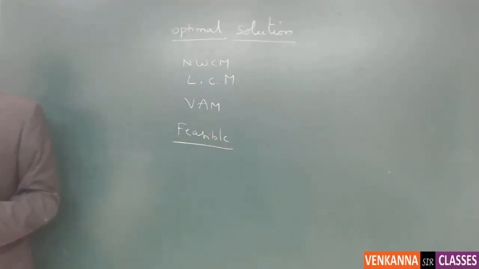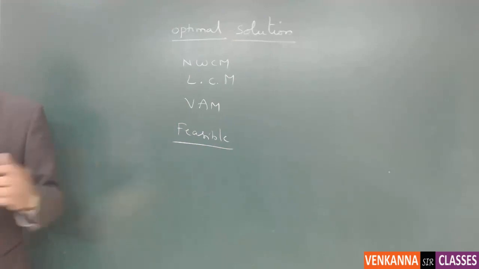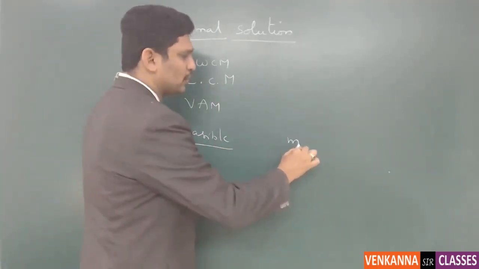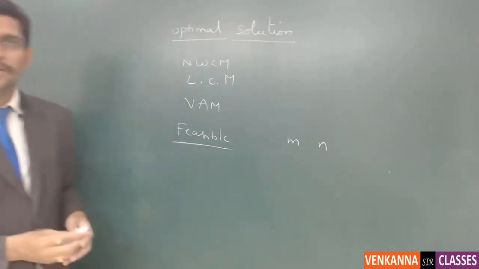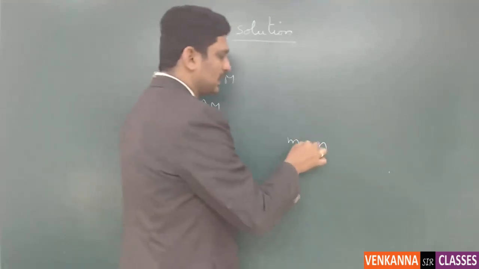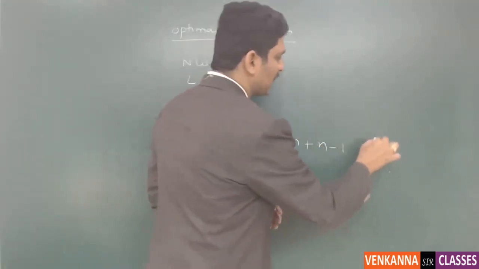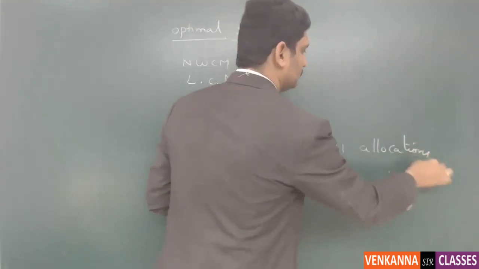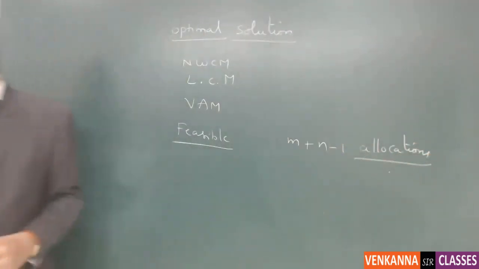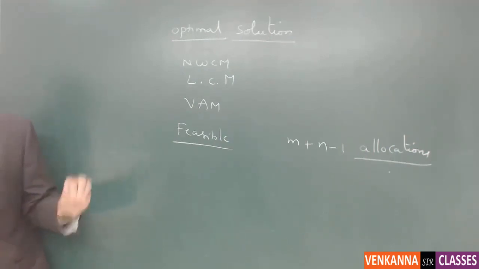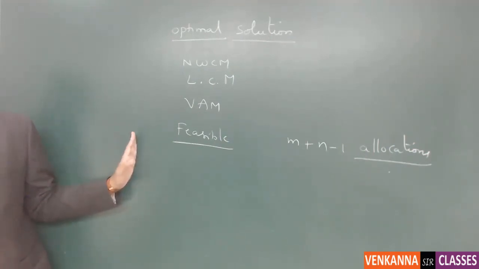And what is the checking criteria that the solution obtained is feasible? Since the problem has m rows and n columns, after doing the problem, you should verify that m plus n minus 1 allocations are there. If there are m plus n minus 1 allocations, the solution obtained is a basic feasible solution for the given transportation problem.